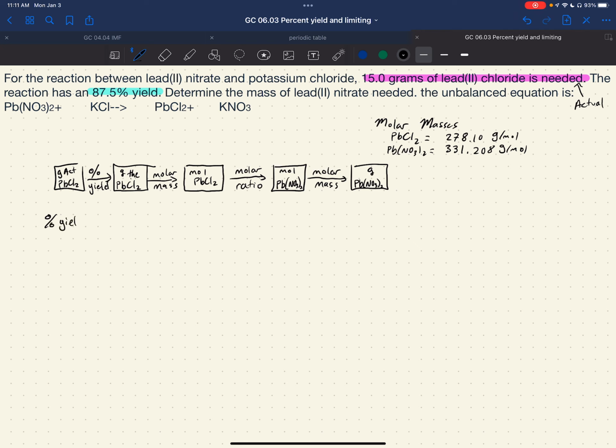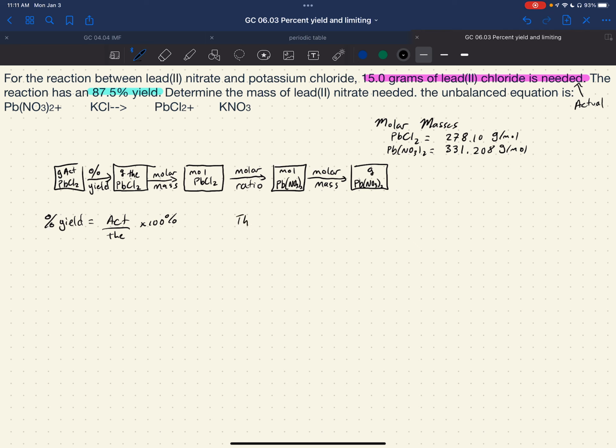So I'm going to start by writing my equation. Percent yield equals actual over theoretical times 100%. And then isolate the variable that I'm trying to solve for. So I'm going to multiply both sides by theoretical yield.